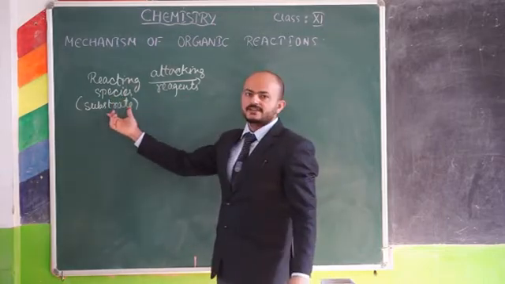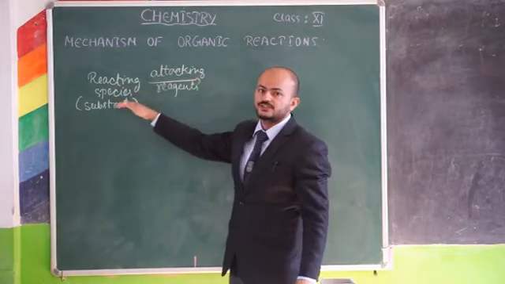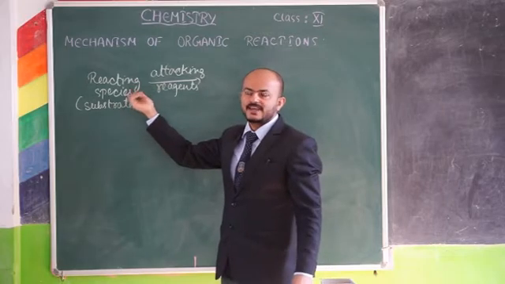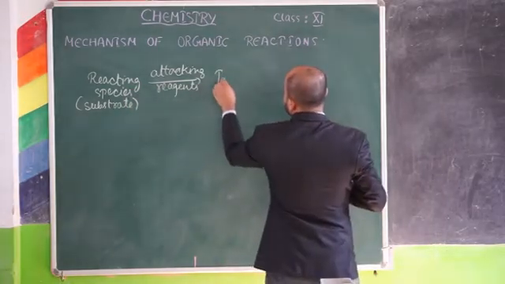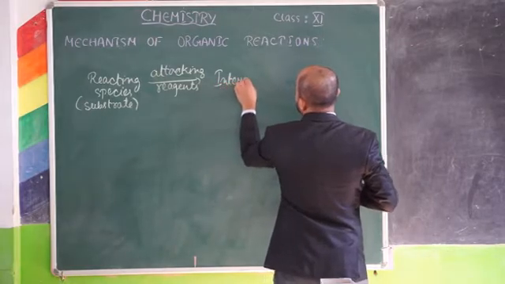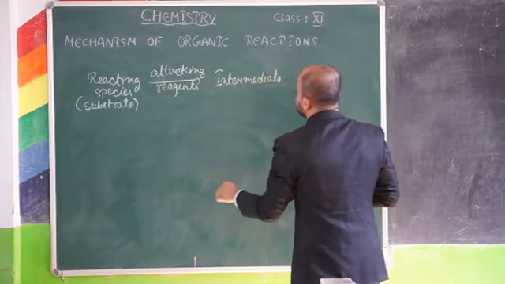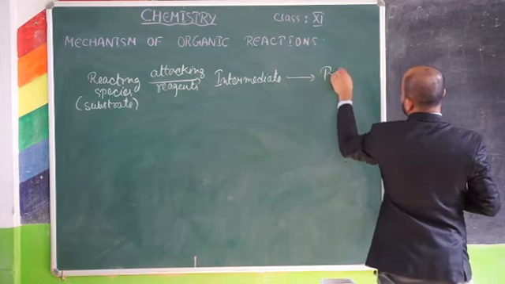At the beginning you have reactants or substrate. Whenever some reagents are put into it, what will happen? Some making and breaking of bonds takes place. As a result, we get some intermediate, and this intermediate will now convert into product.